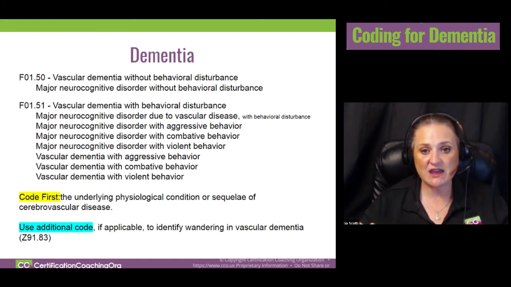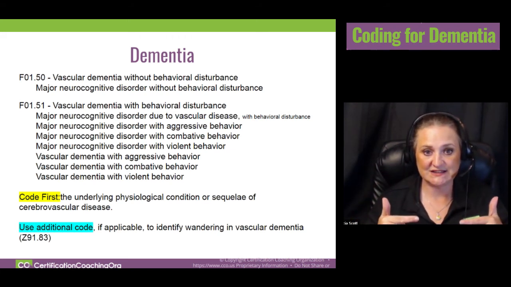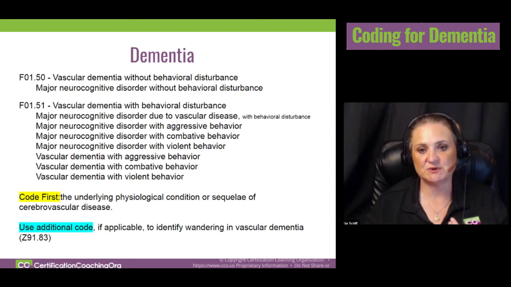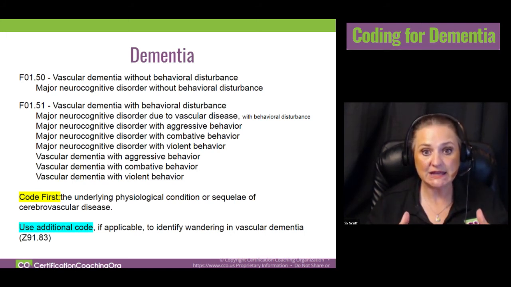If you have behavioral disturbances, then notice all of the list that falls in there. And it's mostly just repeating aggressive behavior, combative behavior, violent behavior. Okay, but all of those terms mean vascular dementia, and that behavioral disturbances are part of it.